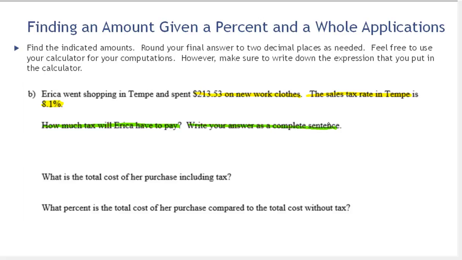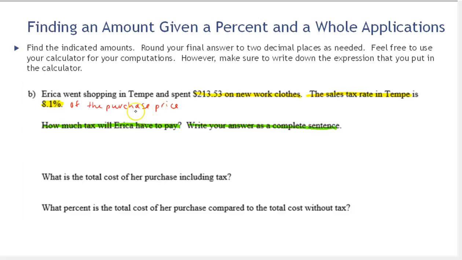Okay, so notice it says the sales tax rate in Tempe is 8.1%. That means it's 8.1% of the purchase price. A percent is always talking about a percent of something. So the tax rate is referring to the cost of your purchase.